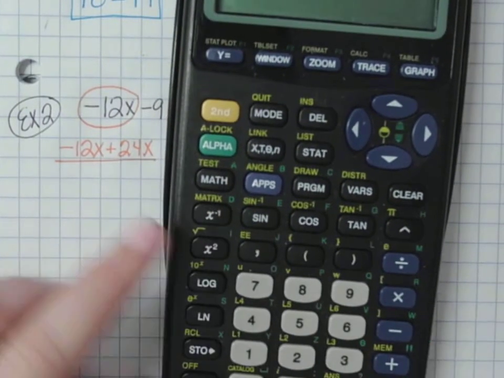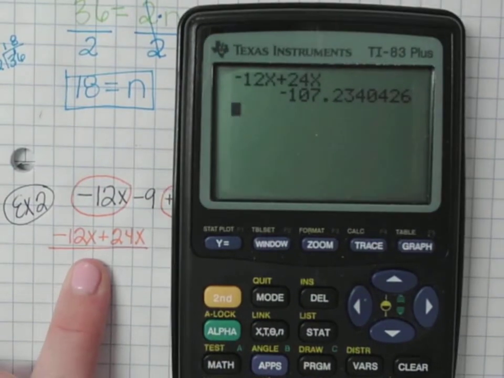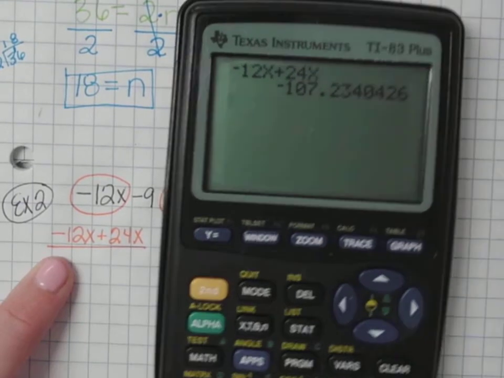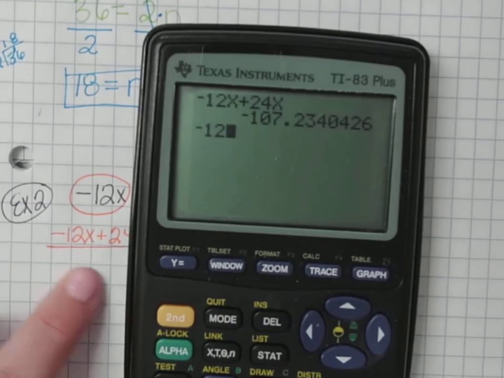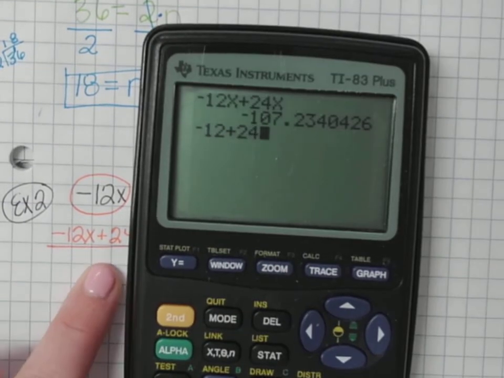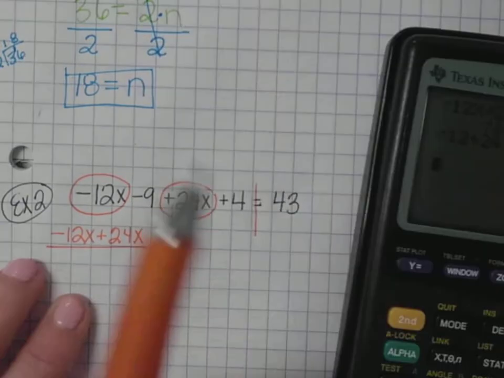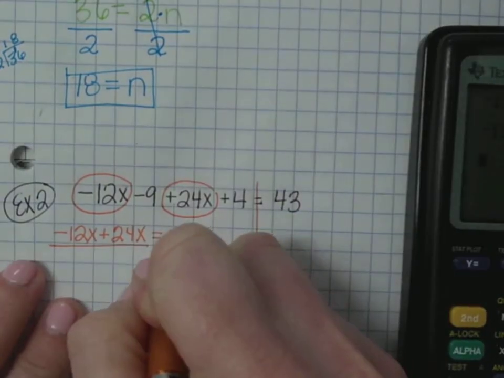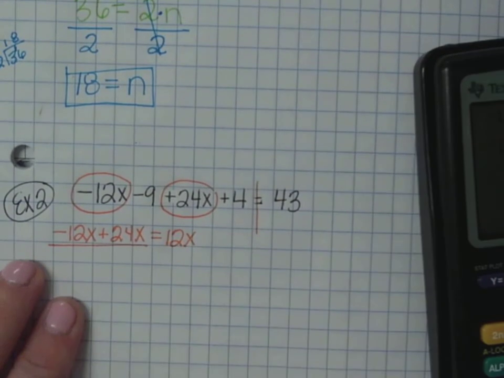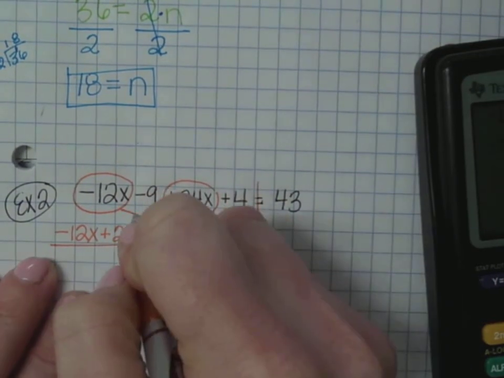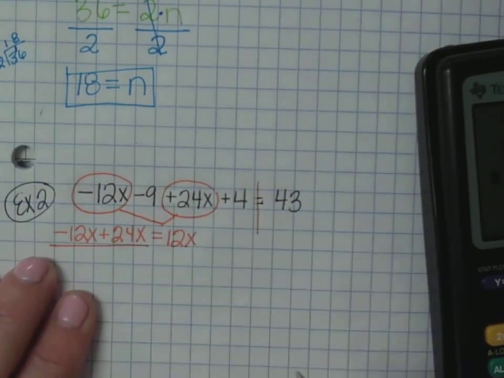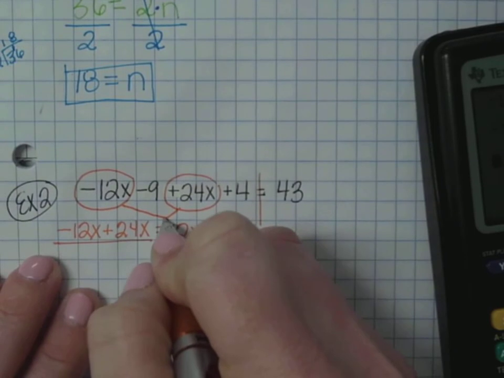So if I'm trying to do this step in the calculator, I'm just going to do it without the variables. So negative 12 plus 24 is 12. So those two combine to get 12x.